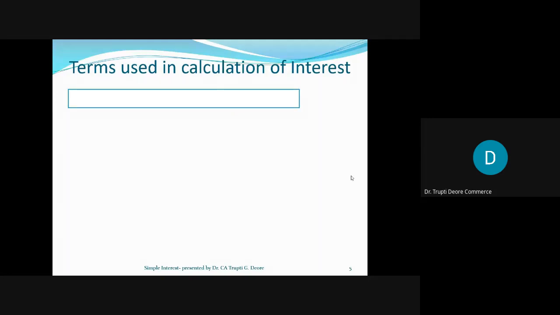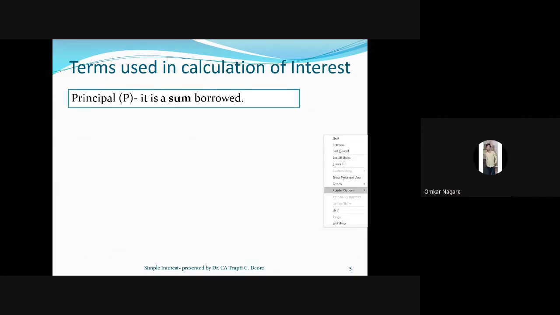We have seen the terms used in calculation, so you have to write these terms in your notebook. So go for writing. I will show you one by one. So P is equal to, only write this, P denotes principal.